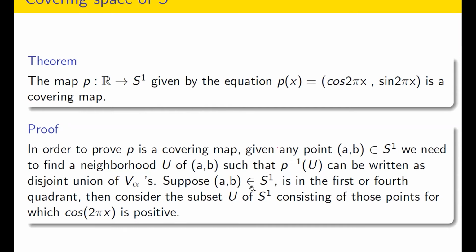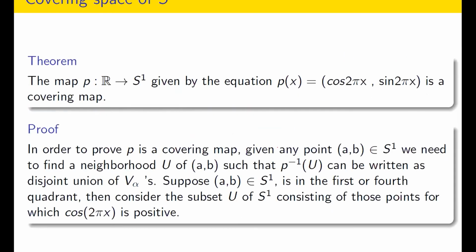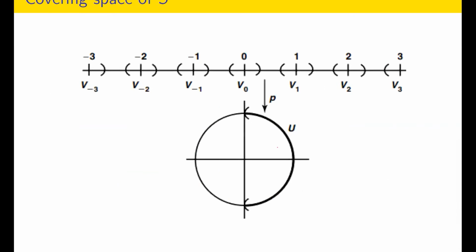Suppose (a, b) in S1 is in the first or fourth quadrant. So first I am proving it for (a, b) in the first or fourth quadrant, that is, (a, b) lying on the right side. Now I have to find a subset U containing (a, b). In this figure, you can see that U is the semicircle marked on the right side.